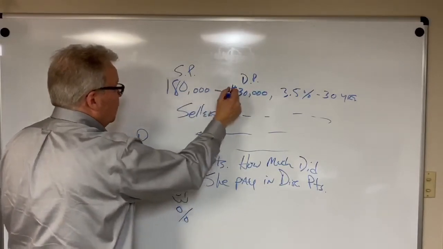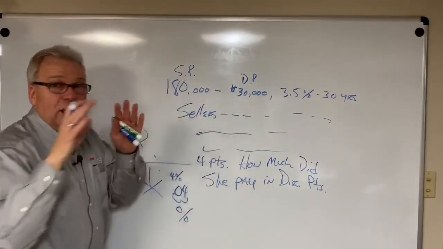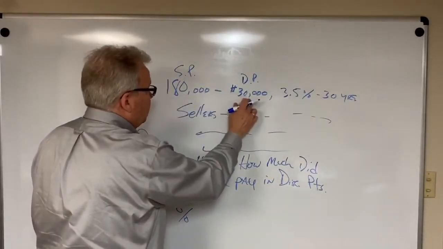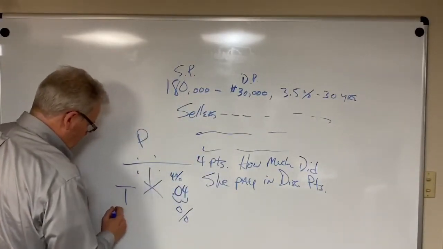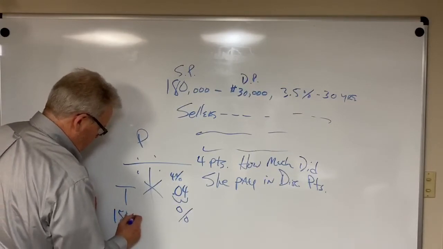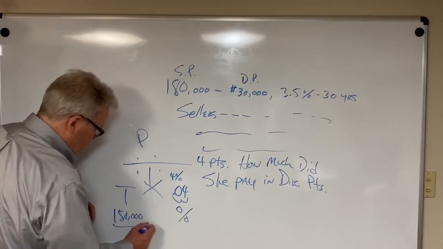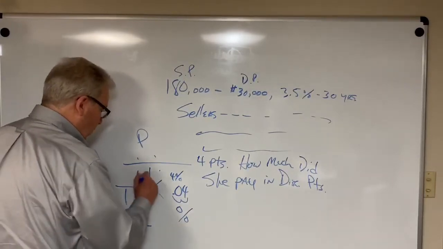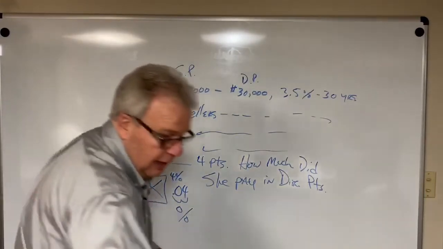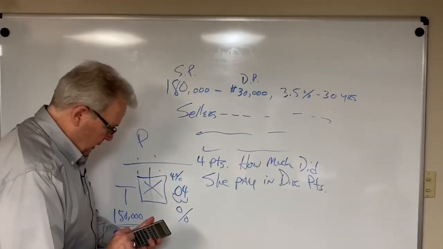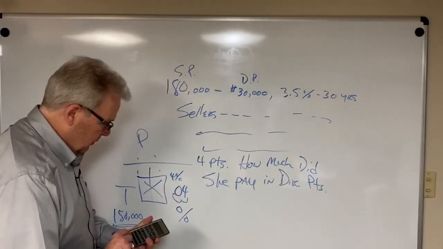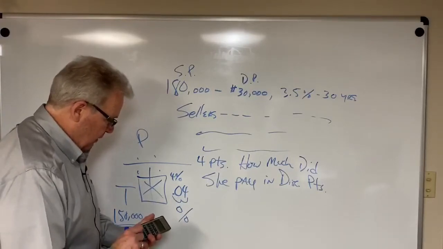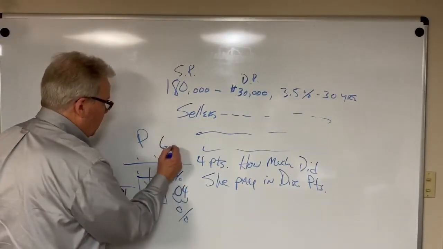But we always figure our discount points on the loan amount, so we have to take 180, subtract 30, and it would be 150,000 would be the loan amount. And so what's our math tell us to do? Multiply. So take 150 times 0.04, and that gives us $6,000.